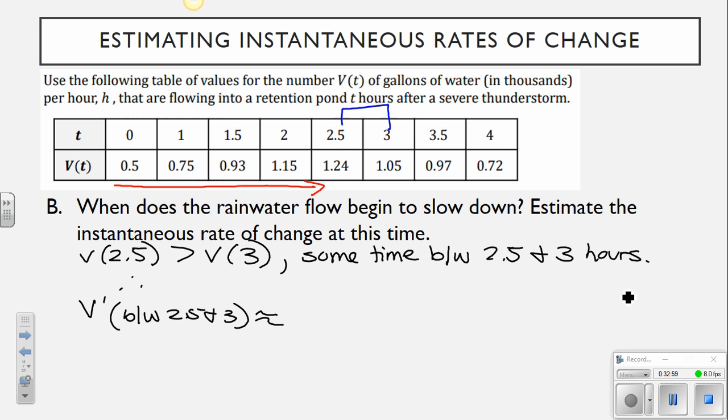All right, calculate my slope. What's my slope going to be? V of 3 minus V of 2.5, all over what? 3 minus 2.5? Yep. All right, calculate that real fast.